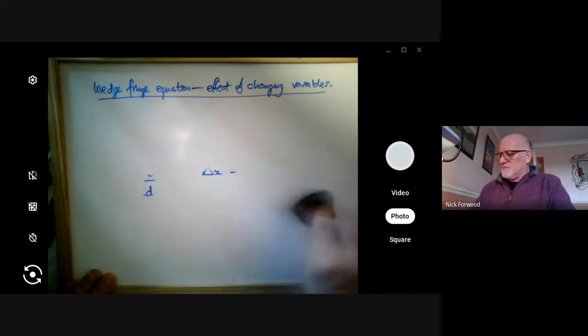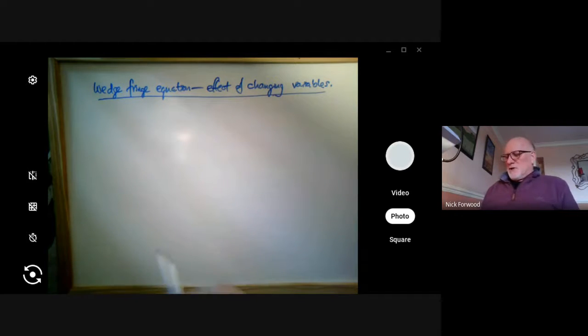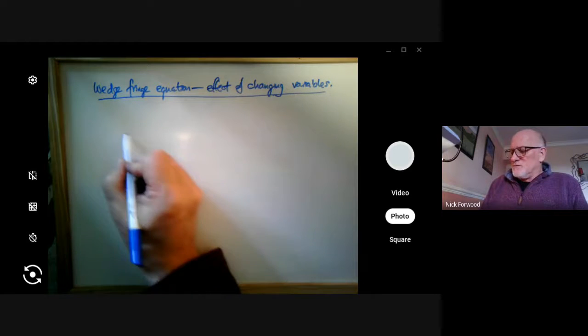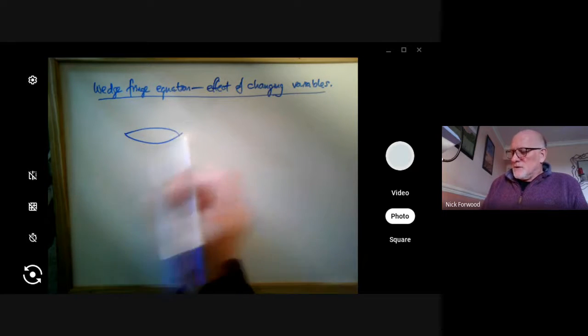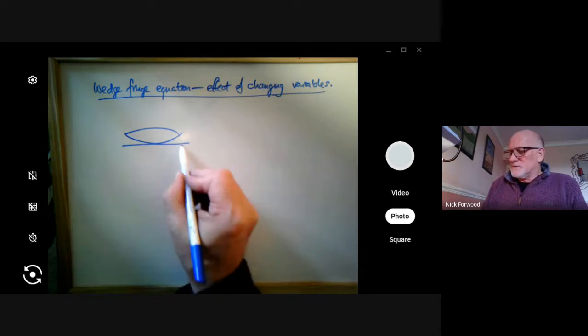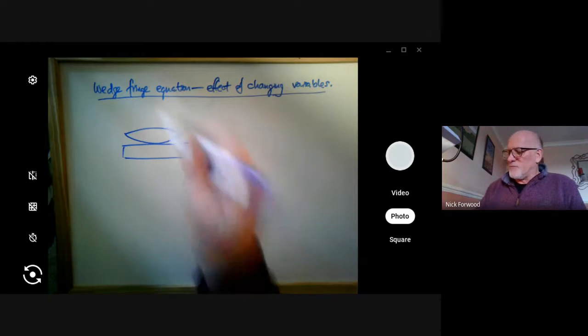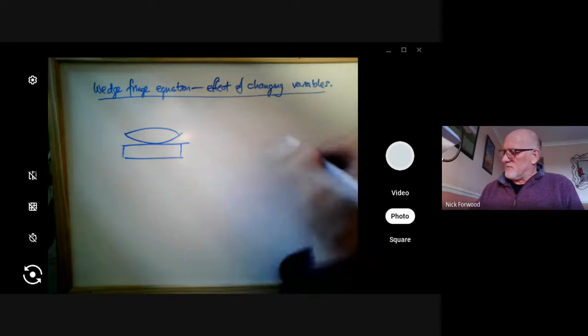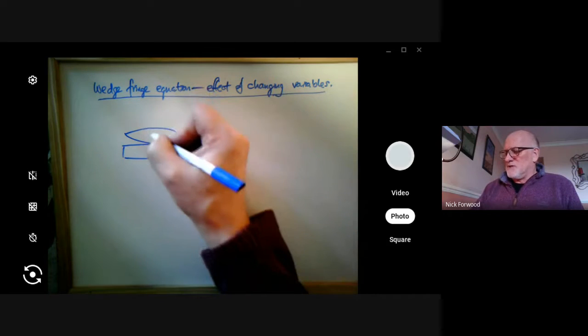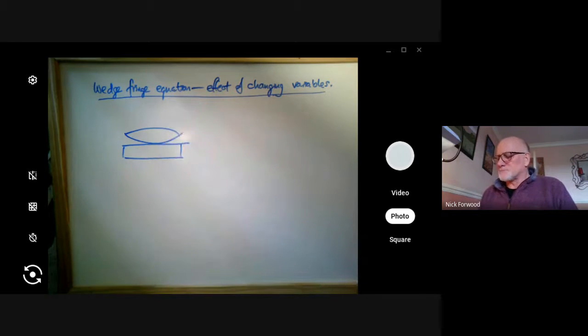The last one is, well, what happens? Let's go back to Newton's rings. Okay, looking down from above, we've done this before. Looking down from above, you see that the fringes are concentric. They're circles. They're not bars.